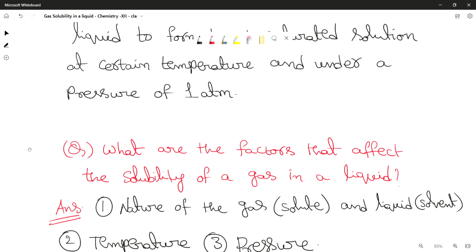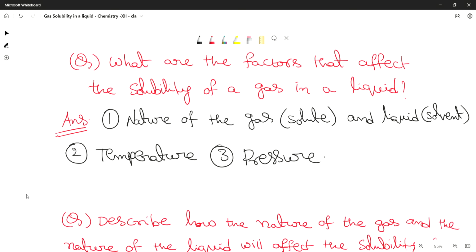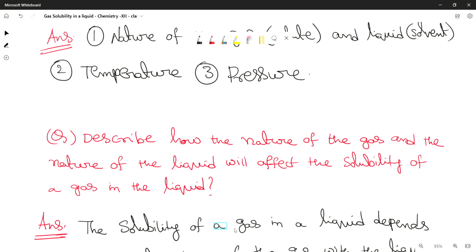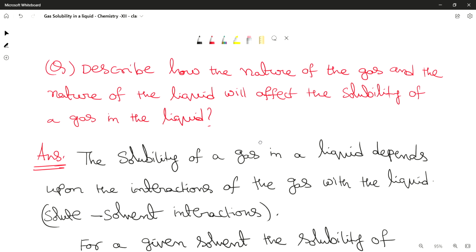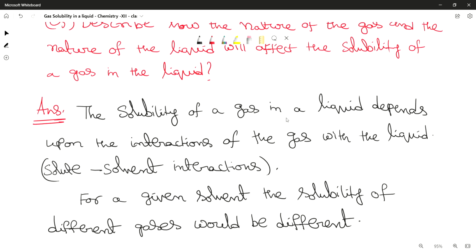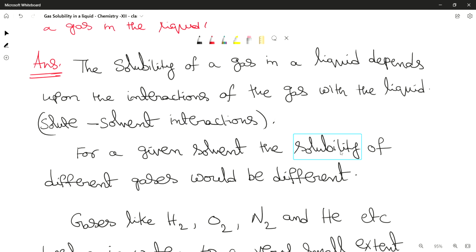What are the factors that affect the solubility of a gas? The nature of the gas, that is the solute, and the solvent, that is the liquid, and the temperature as well as pressure. Those are the 3 factors. The solubility of a gas in a liquid depends upon the interactions of the gas with the liquid, that is solute-solvent interactions.